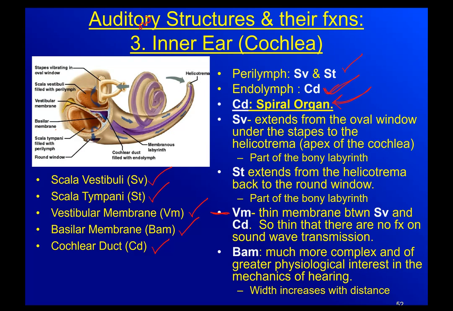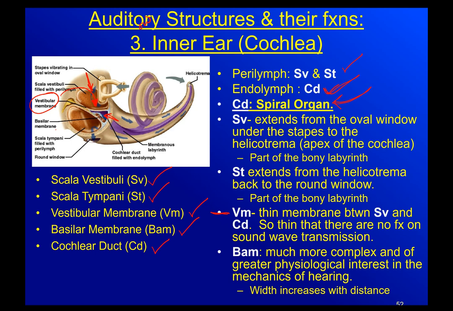The vestibular membrane up here, okay? That is a thin membrane, like I said, between the scala vestibuli, this up here, and the cochlear duct. And it's so thin that there are no effects on sound wave transmission.